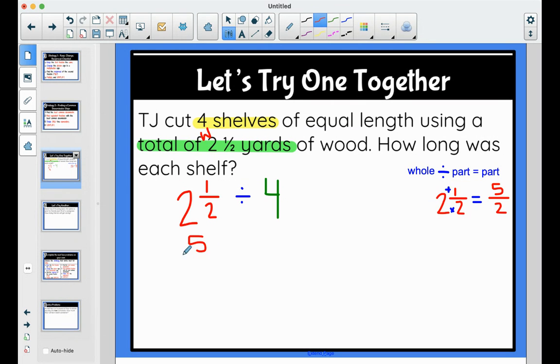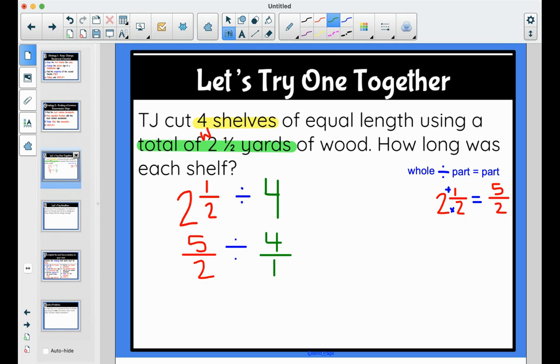So 5/2 divided by 4. This is a whole number. 4 is obviously a whole number. We need to make it into a fraction in order to solve, and we know how to do that. We know how to just put 1 as our denominator because that still is equal to 4. That hasn't changed the value of 4 at all.